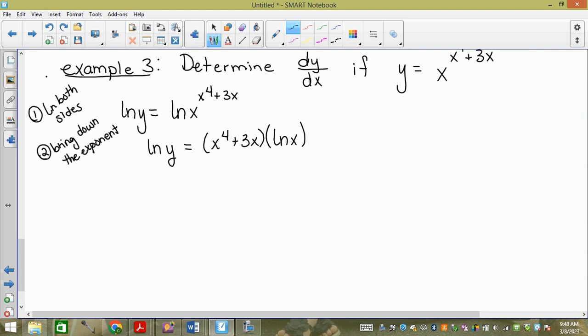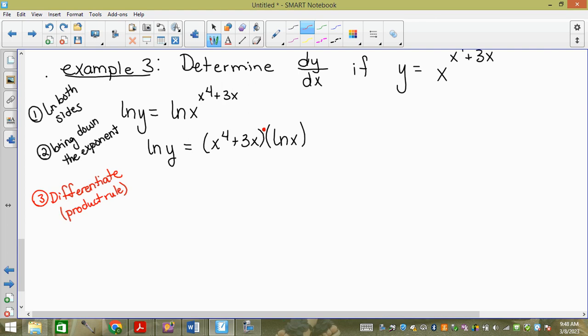There's no differentiation yet. So now we have to derive both sides, correct? This is a product rule. It's done differently than the other one because we have a product rule. The last one we kept lns on each one and then we did the derivative of ln. This one we actually just do the product rule on the right hand side.